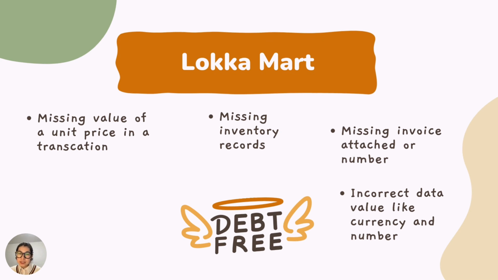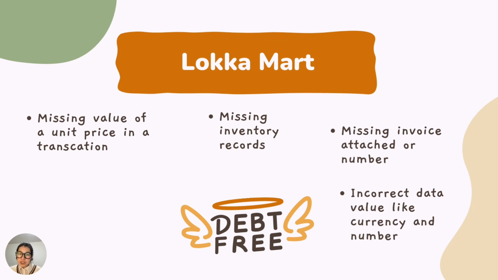After analyzing the Localmart sales spreadsheet, we found that there are some criteria which offend the completeness assertion. Firstly, we found that there is a missing value of a unit price in a transaction. Secondly, the spreadsheet didn't provide any invoice number or notes related to the transactions, so we can't identify if the transactions were approved or rejected by customers.